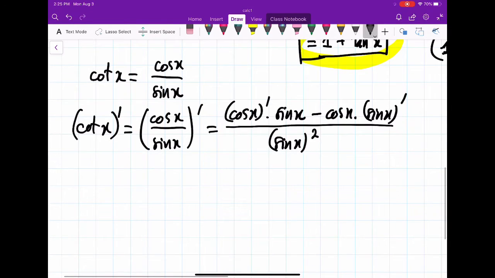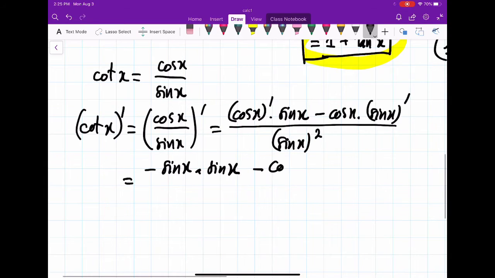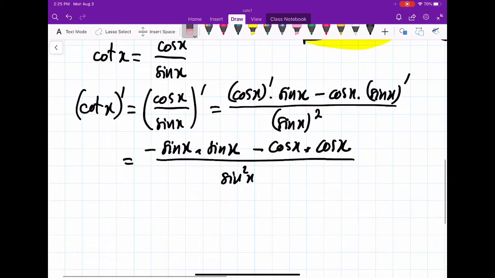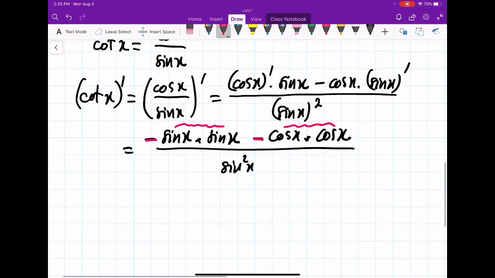And we know the cosine derivative is negative sine times sine here, and then the derivative of sine is cosine. So I have cosine times cosine divided by sine square x. On the top, you have sine square and cosine square with a negative, you see? So basically, that should be negative 1 on the top.